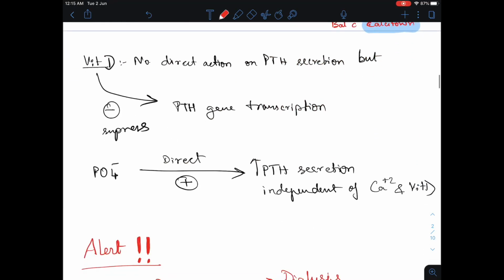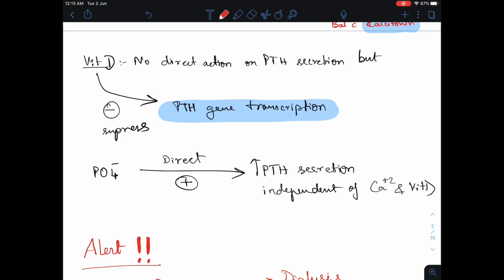And vitamin D, regarding calcium metabolism, has no direct action on PTH secretion, but if vitamin D is increased, it suppresses the PTH gene transcription. Okay, so it indirectly suppresses the mRNA which we discussed.